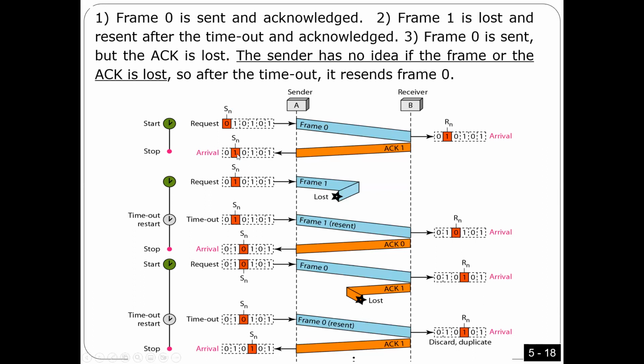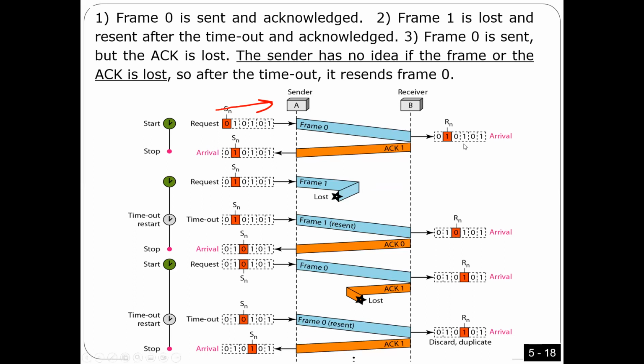Then after a timeout, because I didn't receive an acknowledgement for 1, I'm not going to move from here to the next one until I receive the acknowledgement. So in this case, I'm going to retransmit 1 again. Once I receive the acknowledgement, you can see the index here is moving this way. Every time I transmit a frame and receive an acknowledgement, I'm going to move it this way.